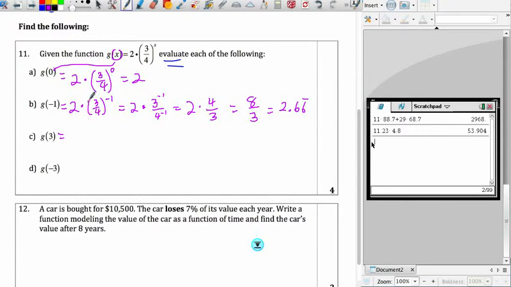Again, watch out for order of operations. It's 2 multiplied by and then an exponent, so we do need to deal with the exponent first before multiplying by 2.